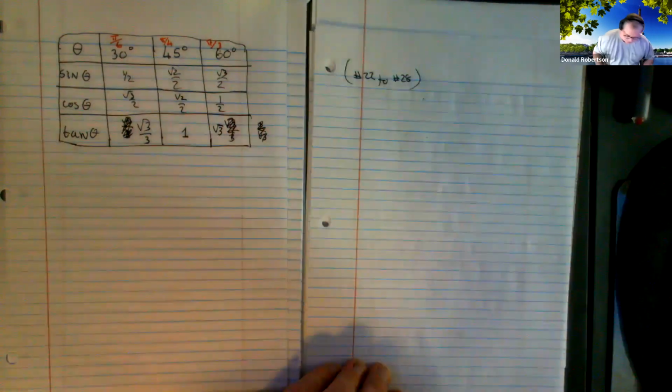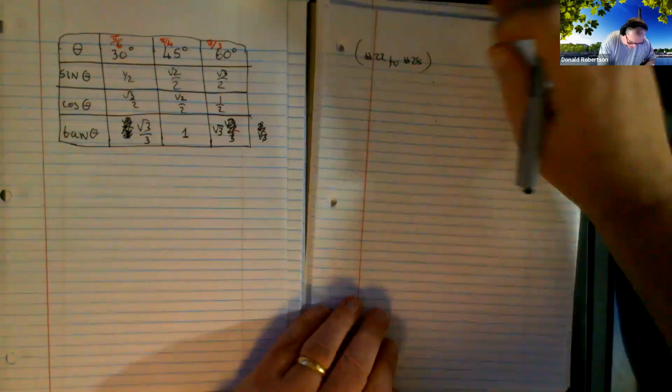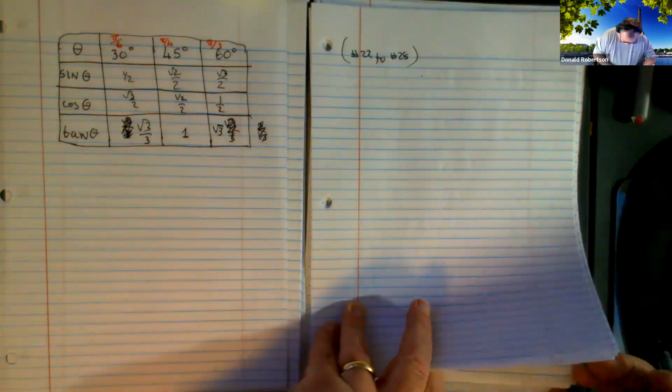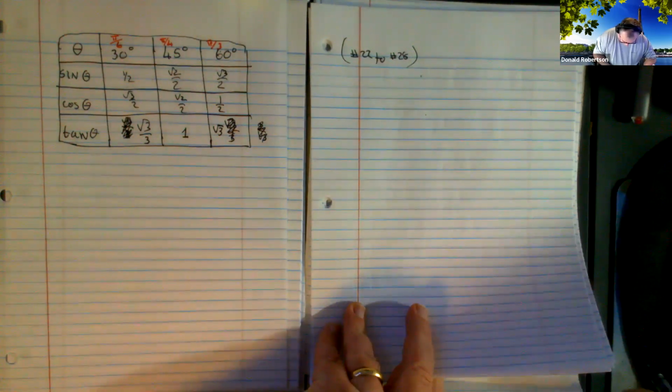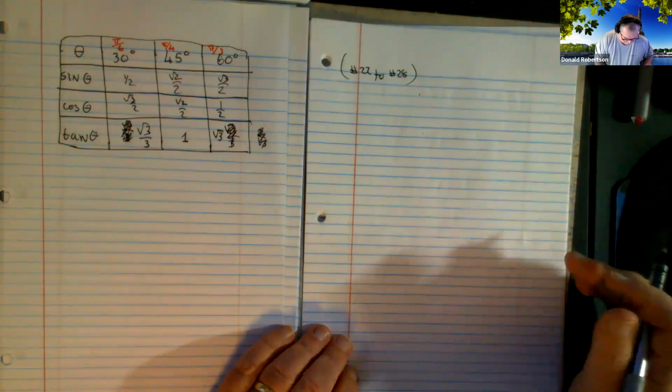We are looking at questions 22 up to question 28, right? That's the last bunch of questions, and they involve puzzle stories, and almost always we're going to have right angle triangles, and we're interested in finding missing lengths and missing angles.